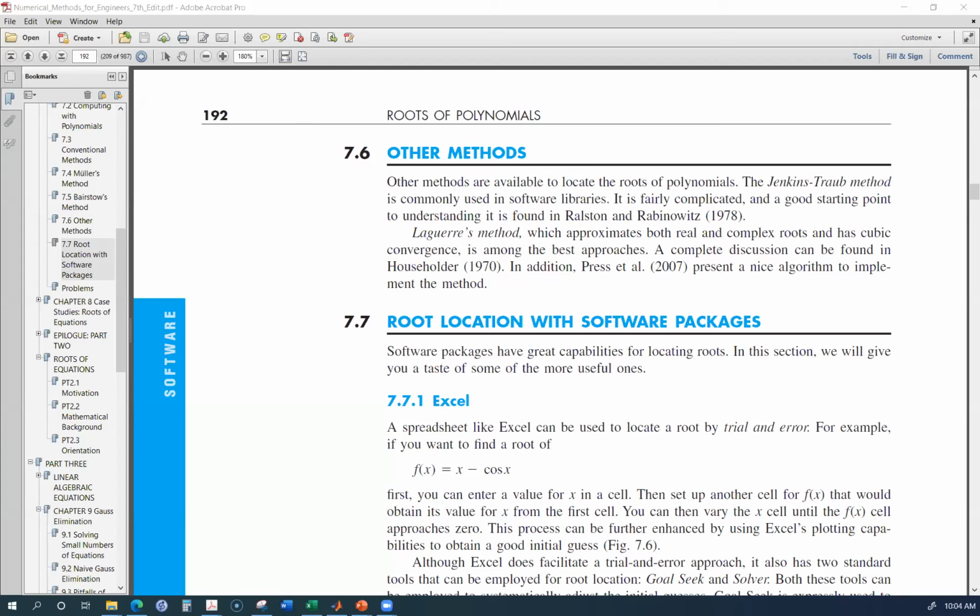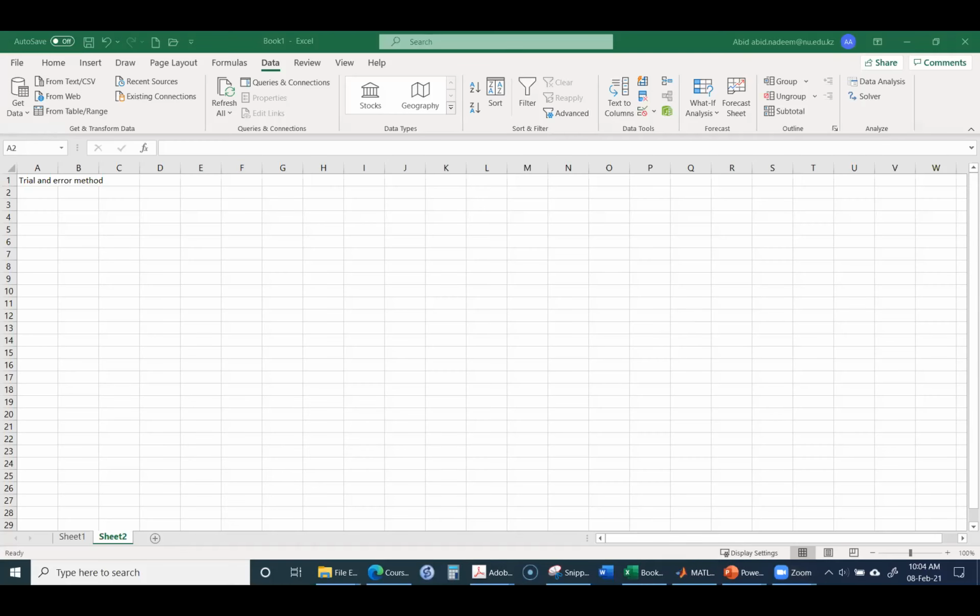No, you should share the screen, not only the application. I'm sharing the screen actually, but why is it happening like this? Okay, how about now? Yeah, now we see the Excel.